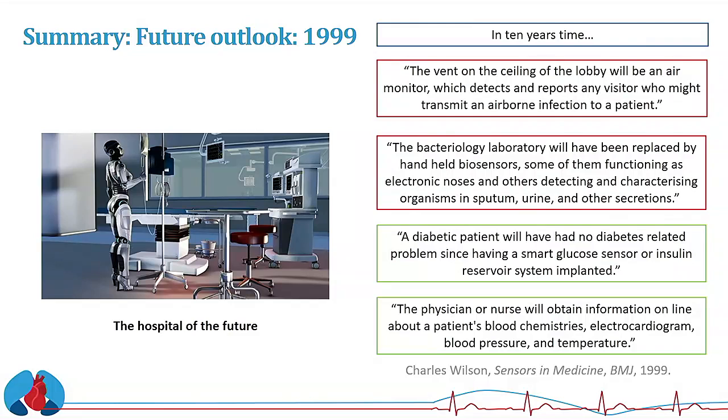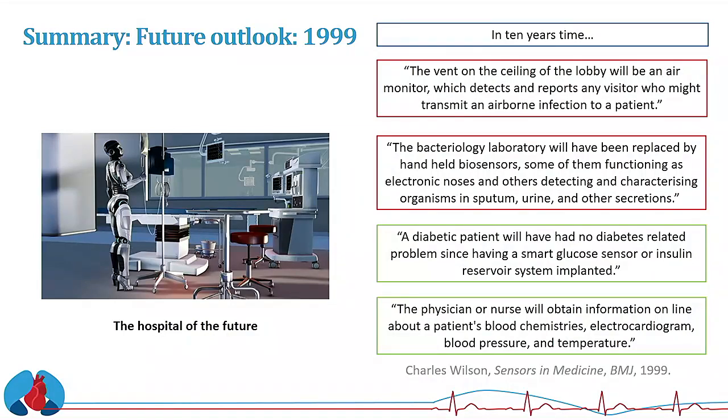This is from a paper in 1999. This paper was called Census in Medicine, and is in the British Medical Journal. That is actually one of the oldest medical journals in the world and is very well respected. So as I'm telling you this, just keep in mind this is not some unindexed paper.